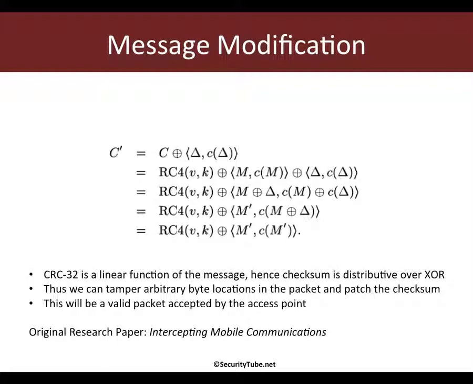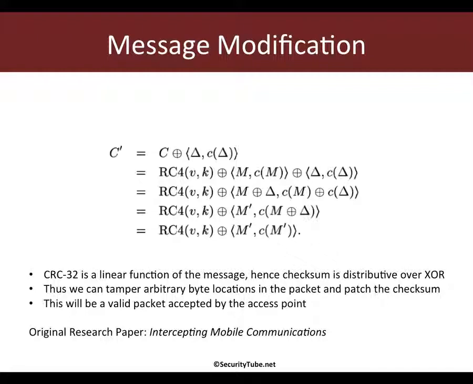You may find this very confusing, but just hold on for a minute. What the paper concludes with all of the mathematics is that even if you have an encrypted packet, an attacker can create a bit mask and a checksum for that bit mask using the CRC32 algorithm, and can simply XOR the encrypted packet with this bit mask along with the ICV, or the CRC32 checksum, of the bit mask.